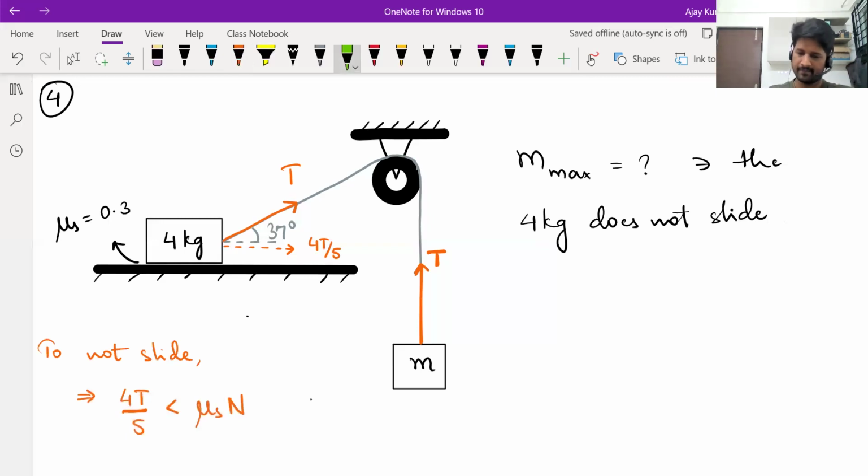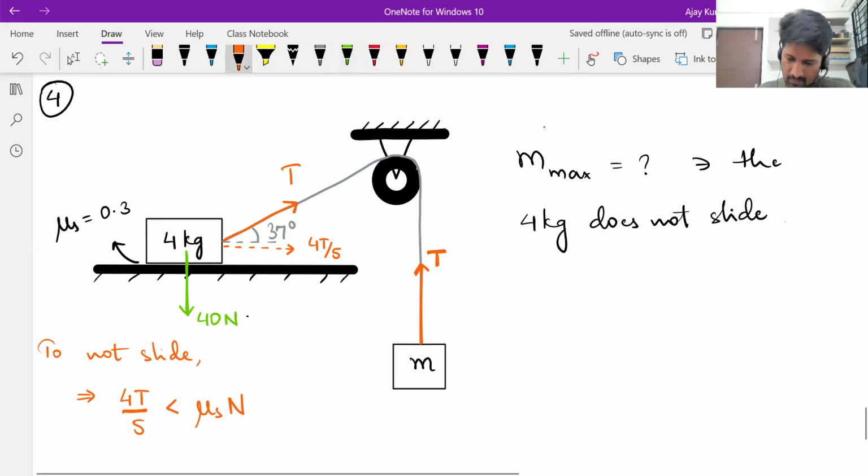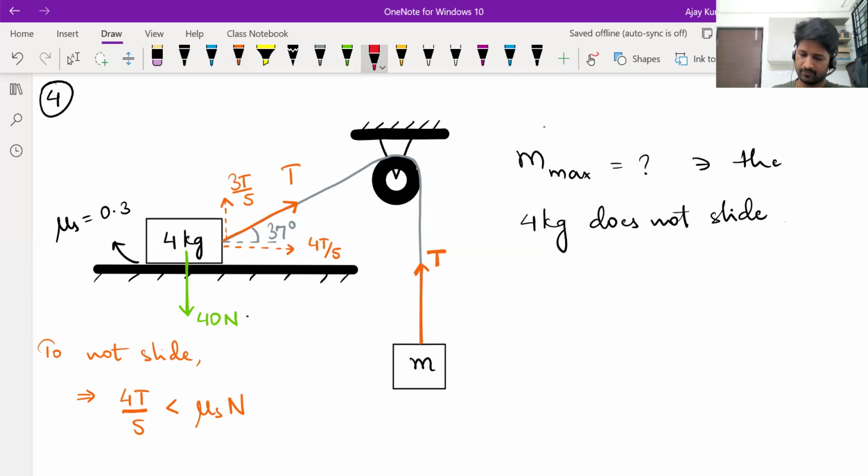Sir, its weight, 40 Newton, will be acting, and 4T by 5, and one more, the T sine theta, sir, which will be upward. Okay, the force is tilted upward, so the component will be upward. T sine 37. Sine 37 is 3 by 5, so 3T by 5. What other forces act on it? That's all, sir. Okay, normal force should be there, friction should be there.